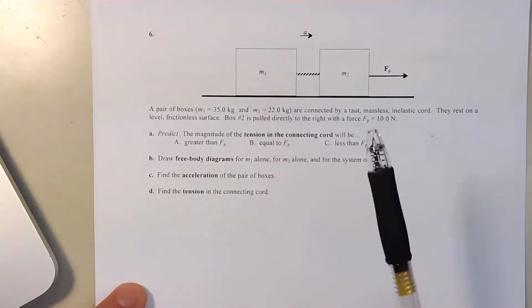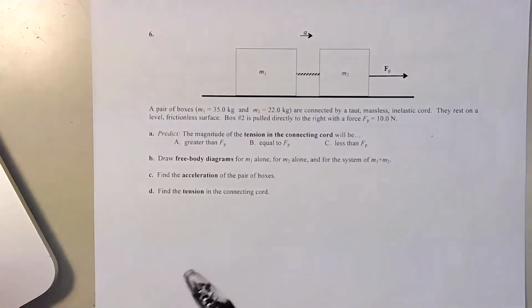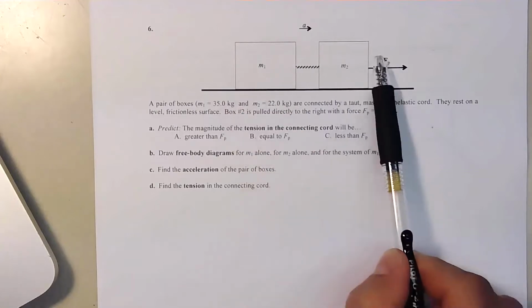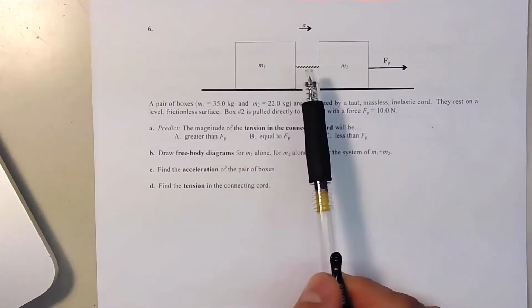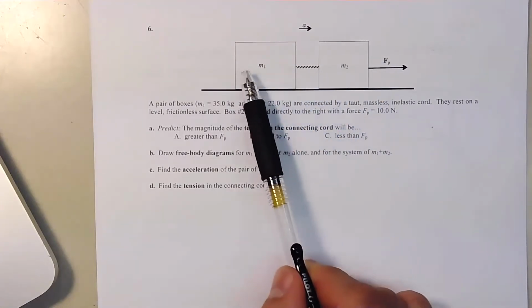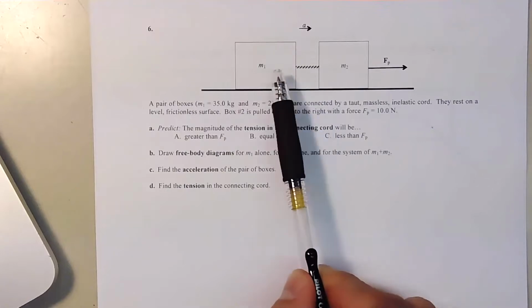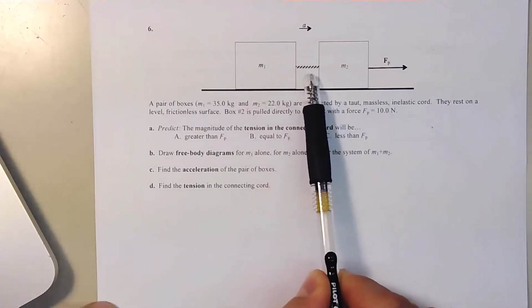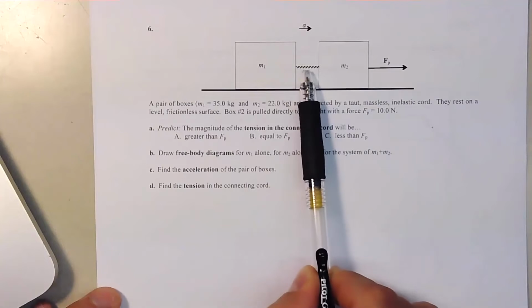So we know that force is equal to mass times acceleration. If 10 newtons is accelerating this very large double mass at the same acceleration as the tension force in the connecting cable is accelerating only one mass, then it would make sense that this force in the connecting cable will be a lot smaller.